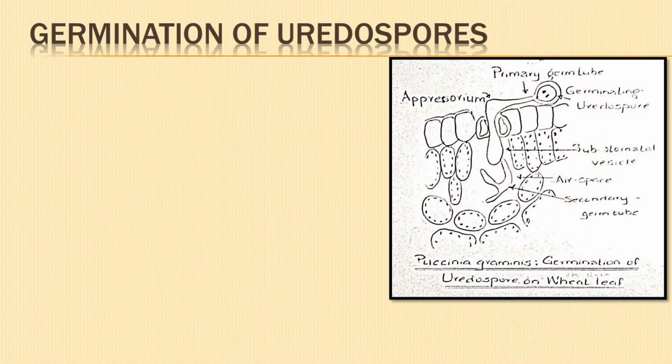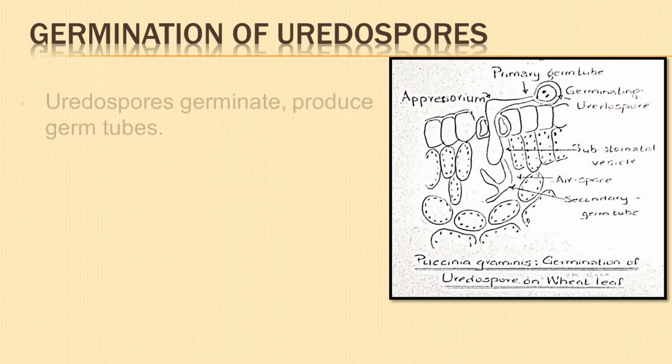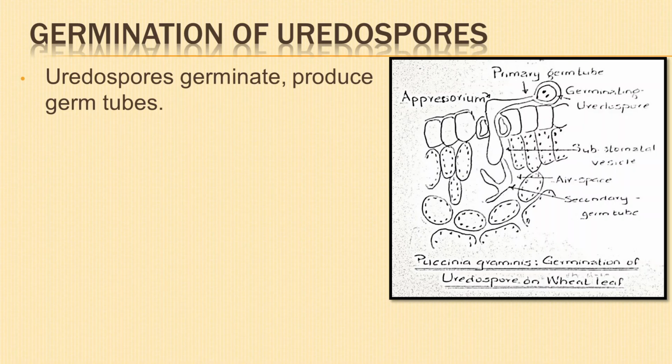Let us look into the germination of uredospores and infection of the host. The uredospores, when they fall on another wheat plant during favorable conditions, germinate and produce germ tubes in the form of slender tube through the germ pore.